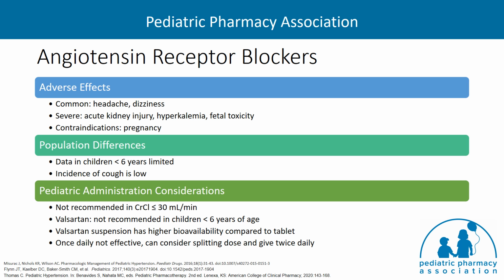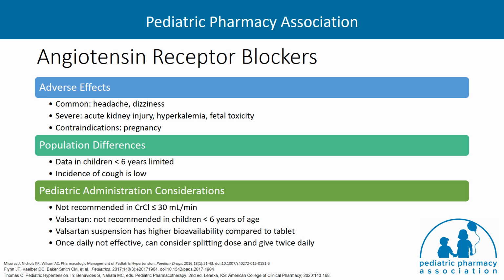Valsartan suspension, just keeping in mind, has higher bioavailability compared to the tablet. So consider, when you have patients who were on the suspension and they don't need liquids anymore to take their medications and they're willing to start a tablet, you may want to consider decreasing the dose to the lower tablet size that's available, just to make sure that you are not going to bottom out their blood pressure, as the tablet and the suspension are not bioequivalent on a milligram to milligram basis.